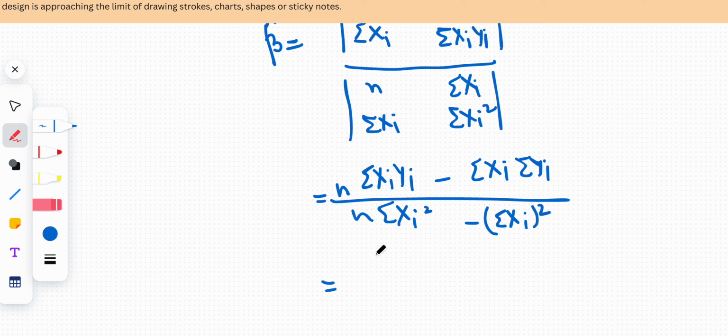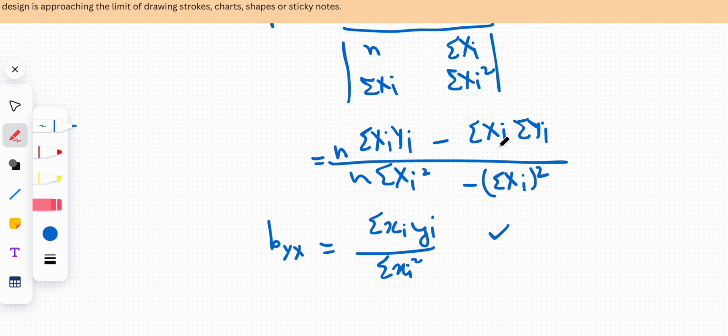Now I can also write this as this, since my this is yx. Right, so this would be my OLS beta estimation.